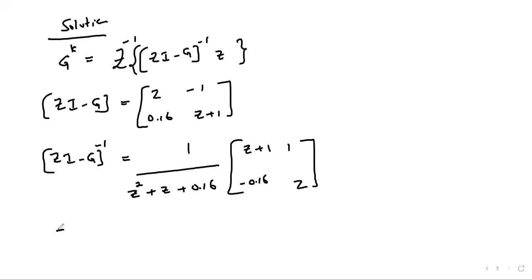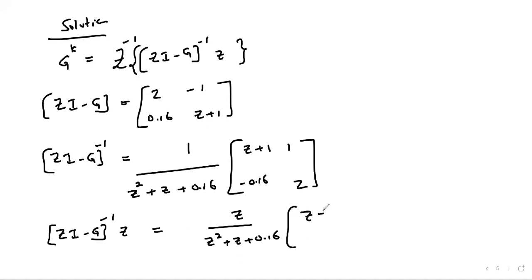Then next we determine (zI - G) inverse multiplied by z, which can be written as z over z squared plus z plus 0.16 into [z+1, 1; -0.16, z].